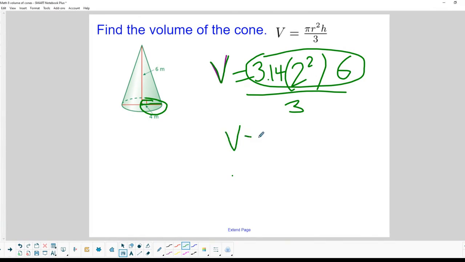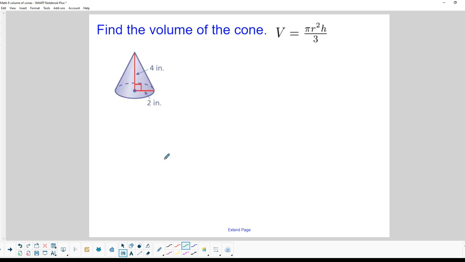So V equals 25.12 meters cubed. Now it's not telling us to round it at this point, and we didn't need to round it because it only went out to hundredths.